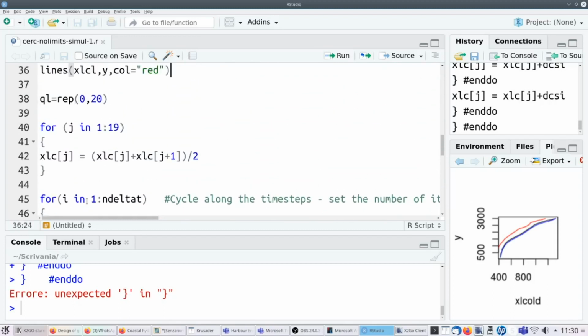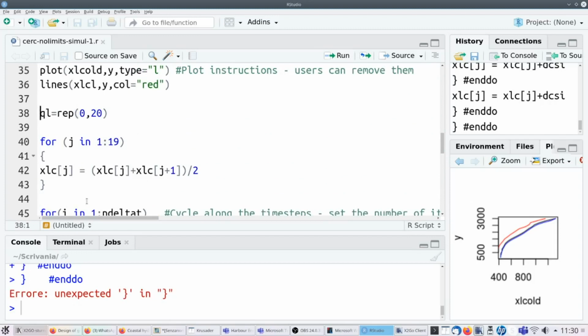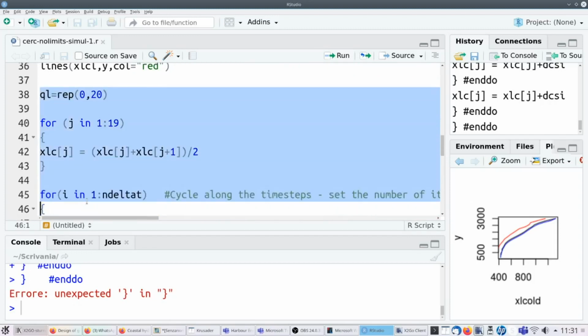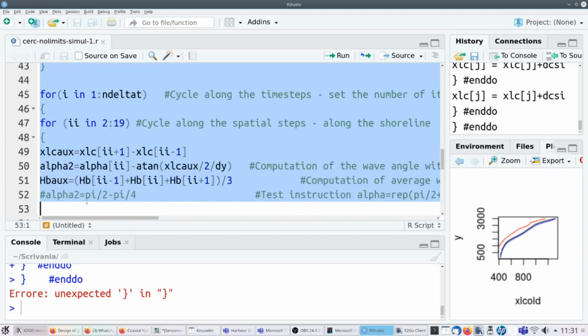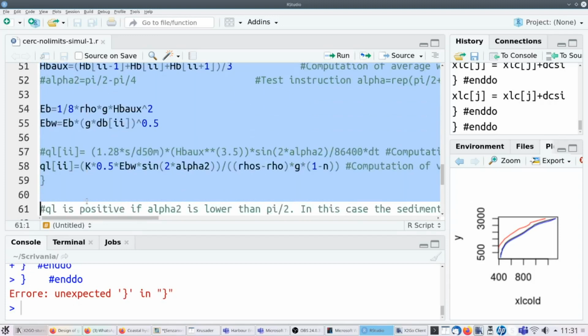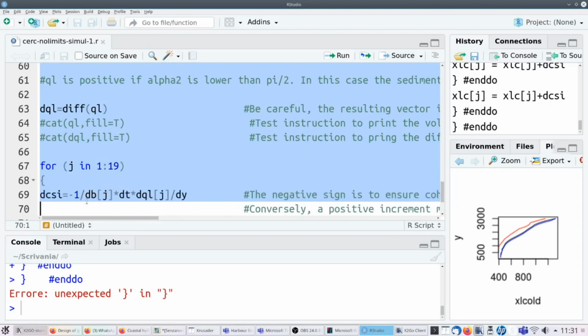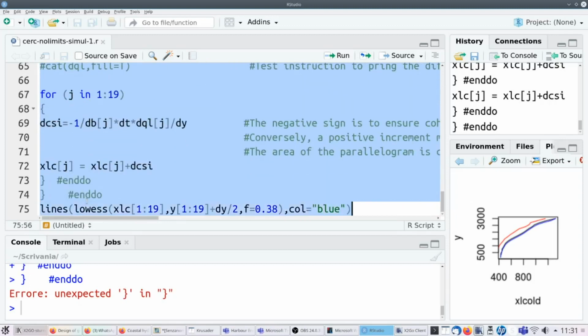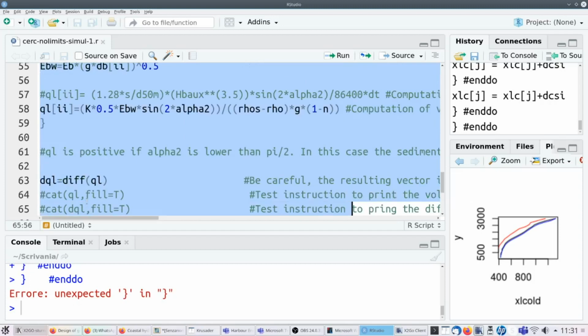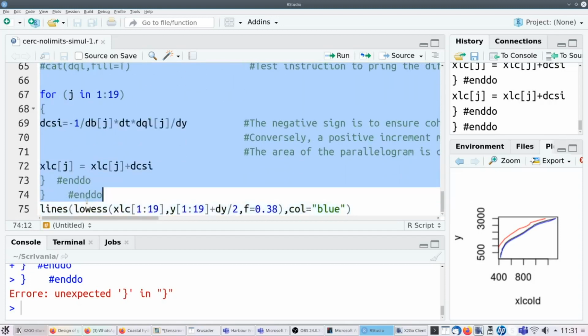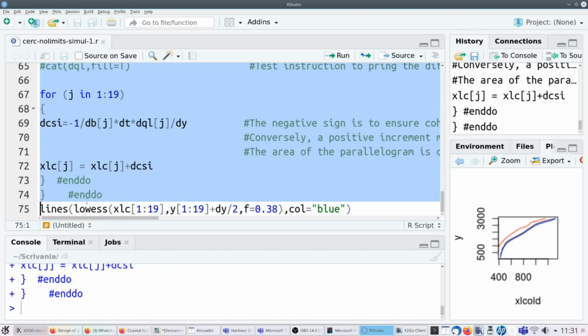Let me start from scratch, and let me select all the instructions and see whether I can successfully run the code now. And up to here, let's forget about the last instruction, which is a plot instruction. Now Control Enter, I am executing everything, and now it's fine.